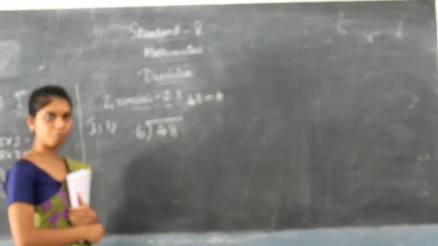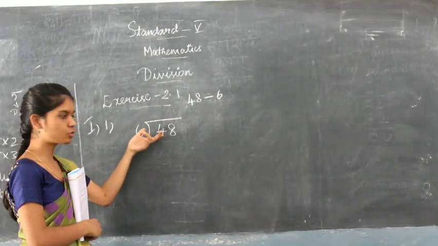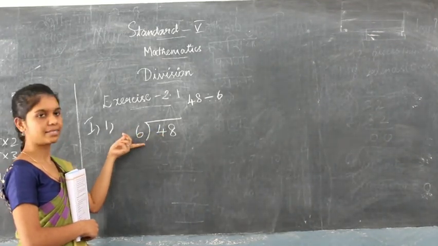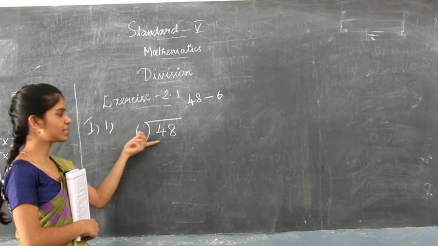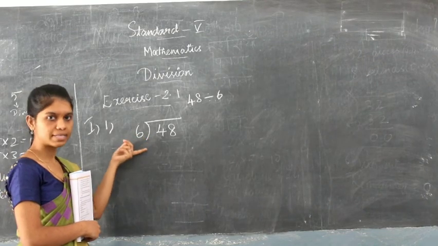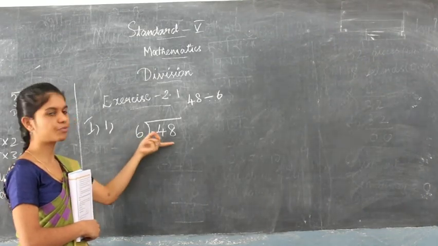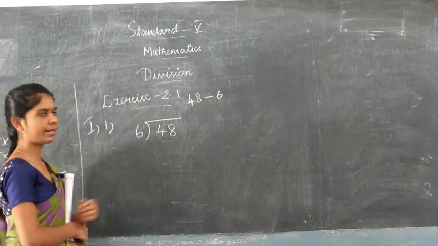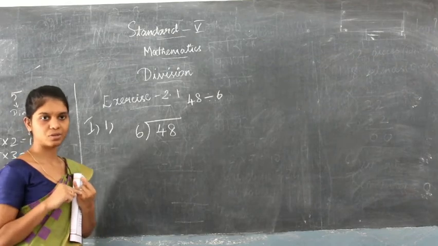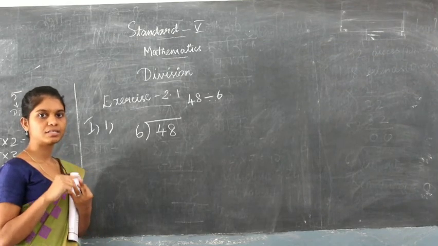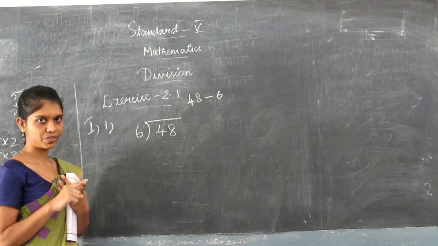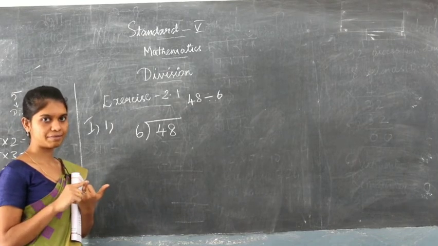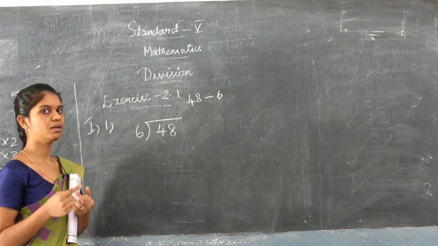Now what you should do? You should see the highest place value number, which is 4, and compare it with the divisor 6. Okay, so which is greater? 6 is greater. So you will take one more from the next number, which is 8. So 48 you got, and you should start telling 6 tables. 6 ones are 6, 6 twos are 12, 6 threes are 18, 6 fours are 24, 6 fives are 30, 6 sixes are 36, 6 sevens are 42, 6 eights are 48.